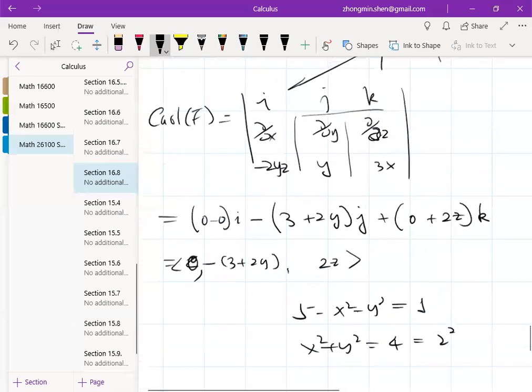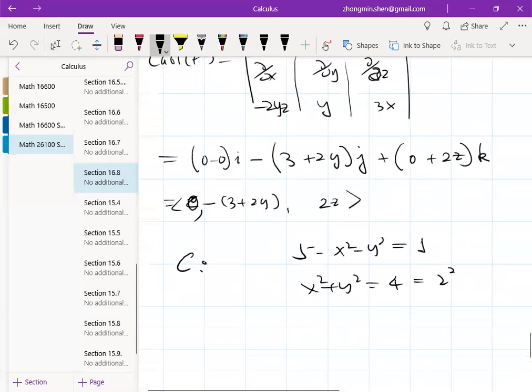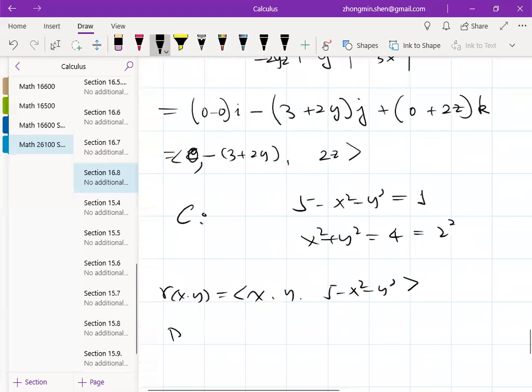This is the curve C. And so you can parameterize the surface by x, y, and 5 minus x squared minus y squared, but here x squared plus y squared is on D, it's less than or equal to 4.